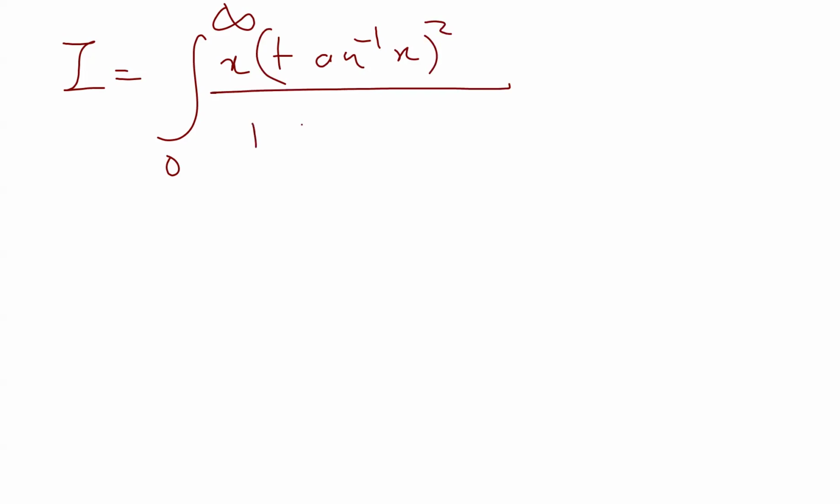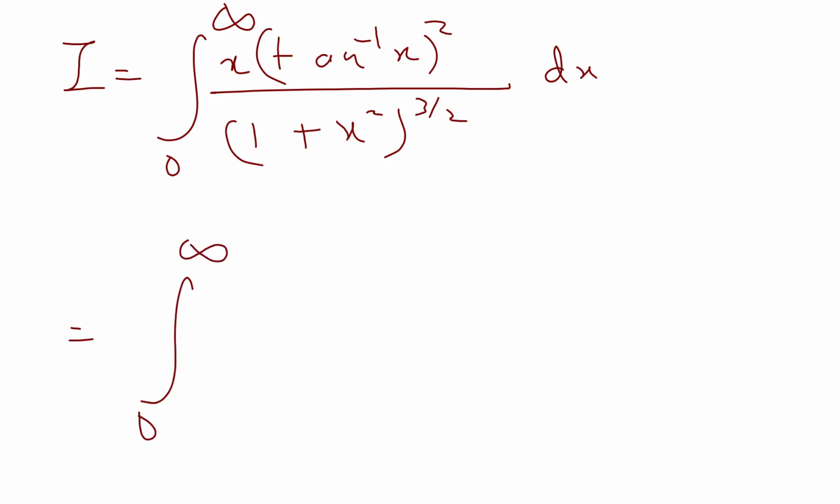Next problem. Integration from 0 to infinity of x tan inverse x the whole square upon 1 plus x square raised to 3 by 2. Now something raised to 3 by 2: if it is x raised to 3 by 2, it is x root x.